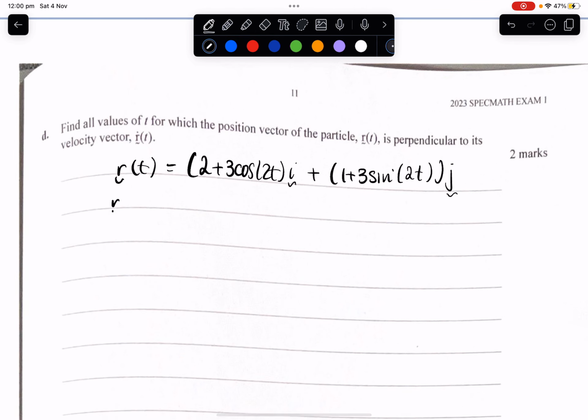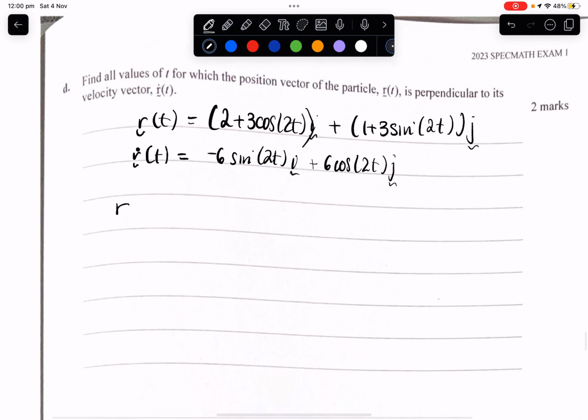That means r dot of t is equal to negative 6 sine 2t i plus 6 cos 2t j.